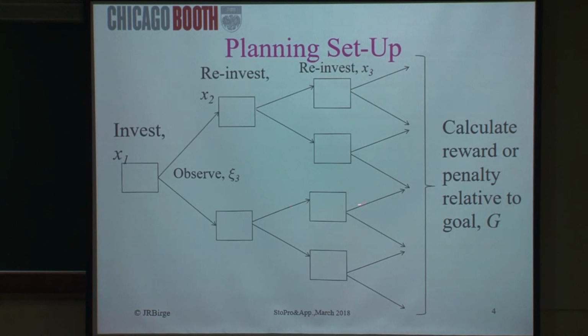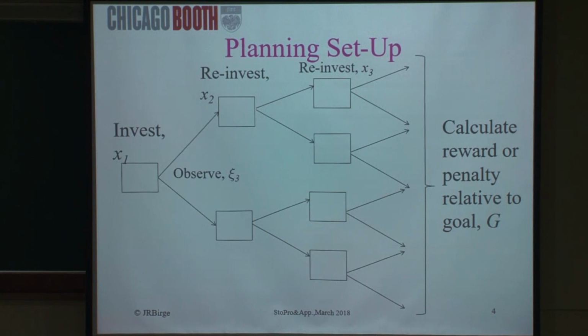This would be like the wait-and-see decision, where I know what the returns are. At this point, I'm going to invest until I reach time T, and then I either hit G or I don't. So each of these is a different set of scenarios.